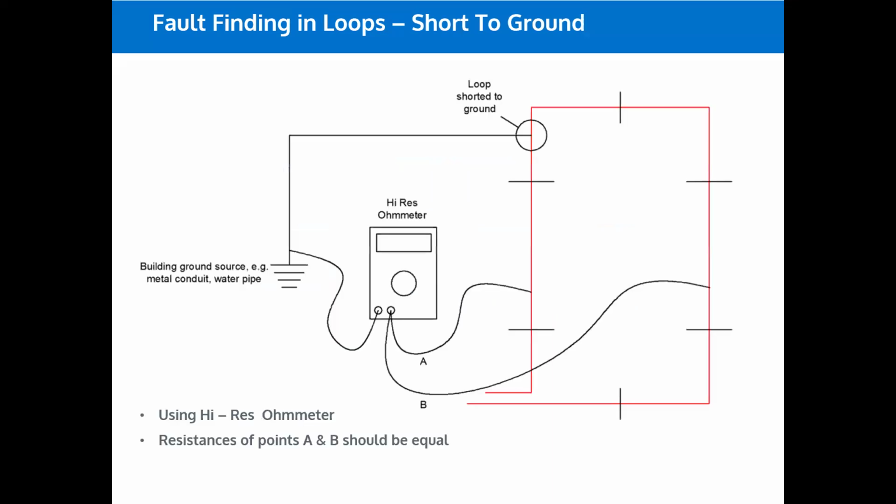So this is the diagram of the circuit. Again, we have our perimeter loop. This could be a phased array layout, for example. Here's our point where it's going to ground. With your ohmmeter, you have one of the leads connected to a good strong connection to the building earth. Then you have your other lead, which you probe around the route of the loop.